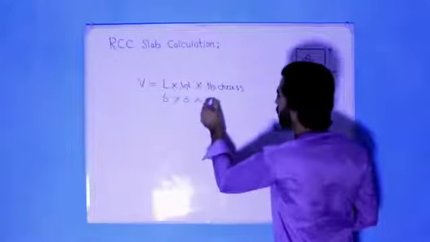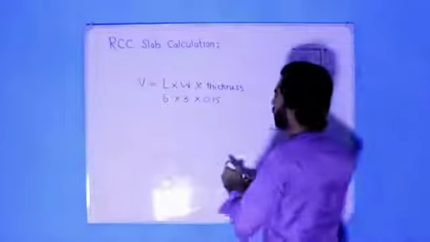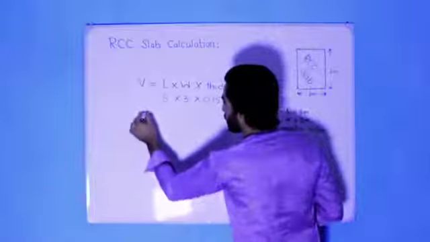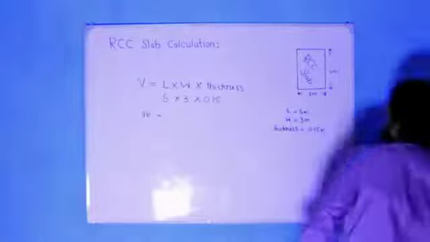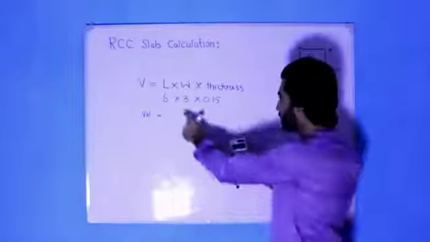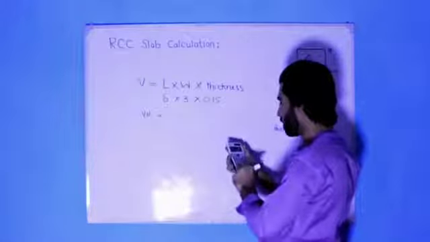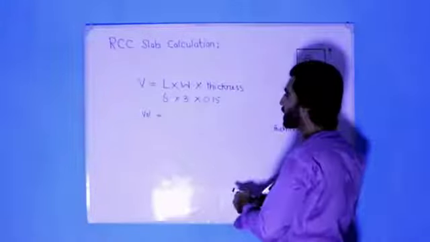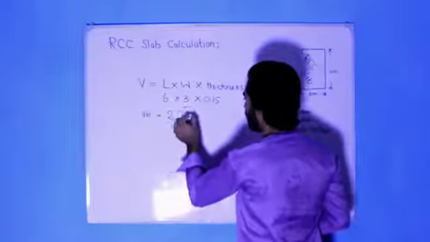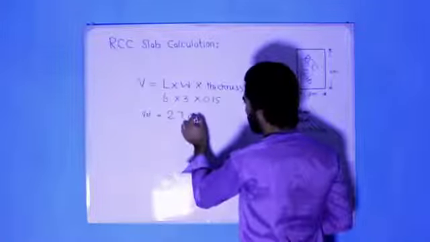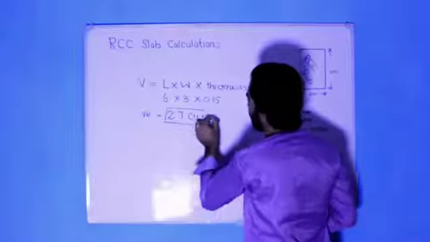So when you do the calculation by calculator, 6 multiplied by 3 multiplied by 0.15, it becomes 2.7 cubic meters. So this is the volume.